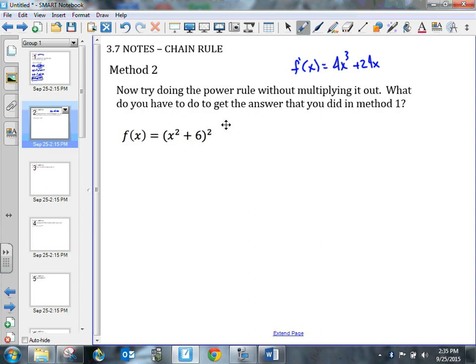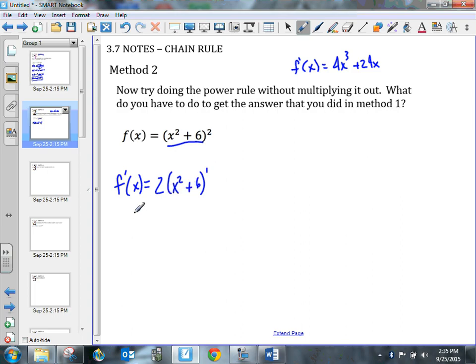What I see here is this quantity, x squared plus 6, raised to a power. If I wanted to calculate its derivative, f prime of x, you can think of this quantity here as its own quantity, but we're squaring it. So when we do the power rule, I want to bring this quantity down. So I get 2 times x squared plus 6 to the first power.